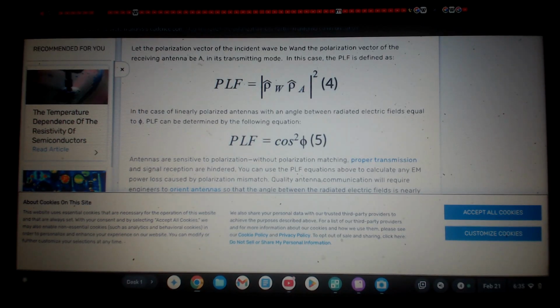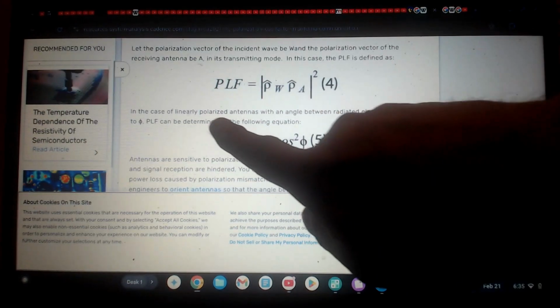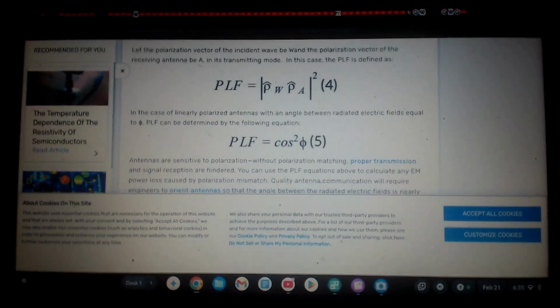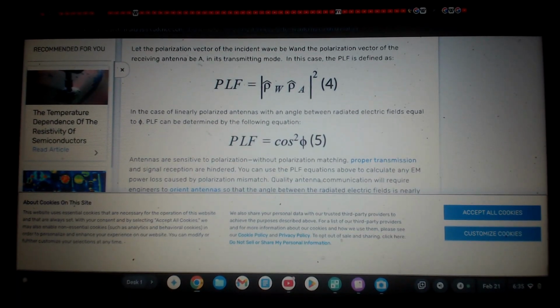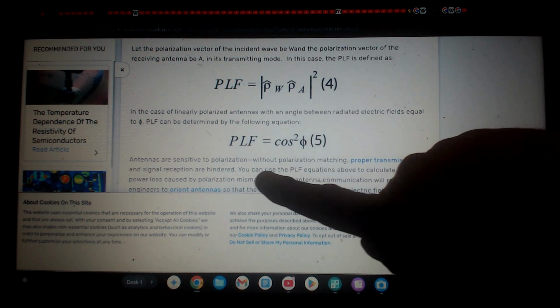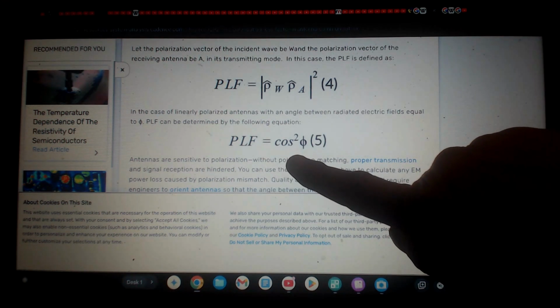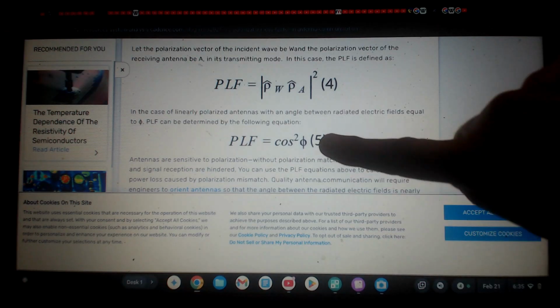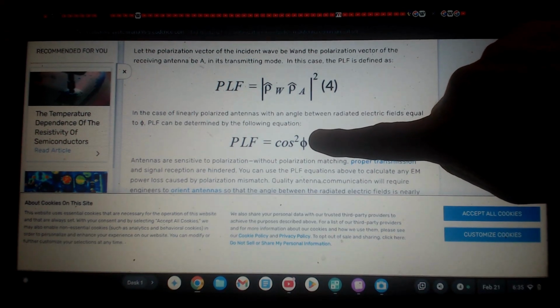In the case of linearly polarized antennas with an angle between radiated electric fields equal to theta, the PLF is cosine theta squared. Look, that 5 is just a step, not part of the equation.